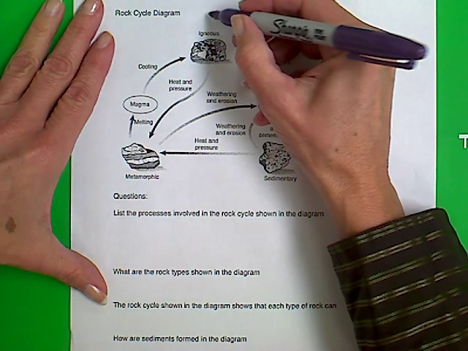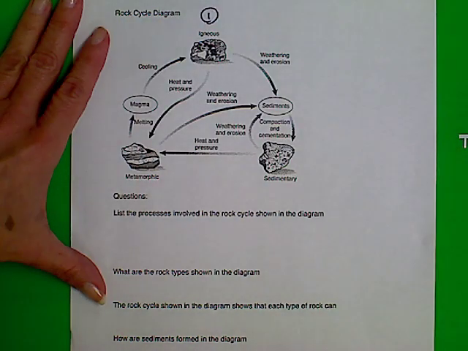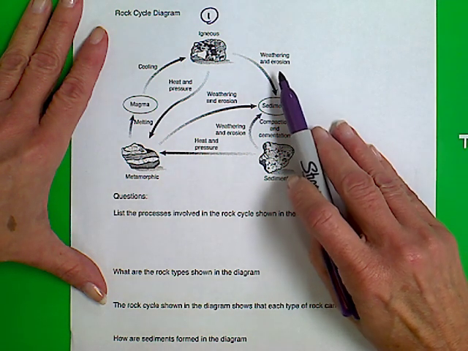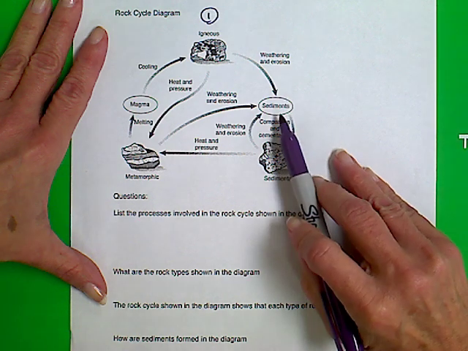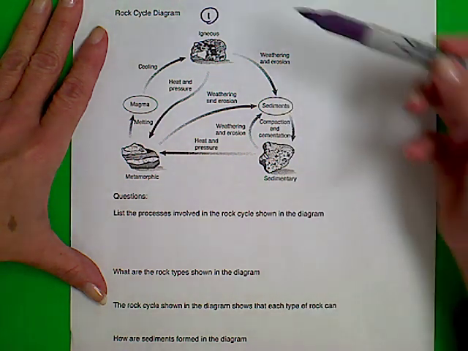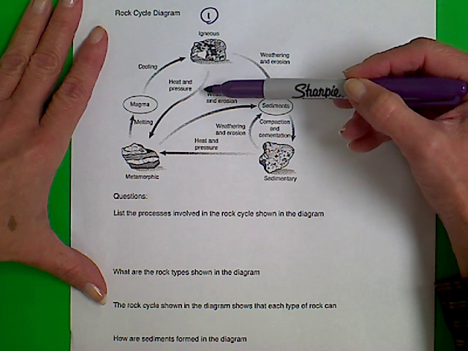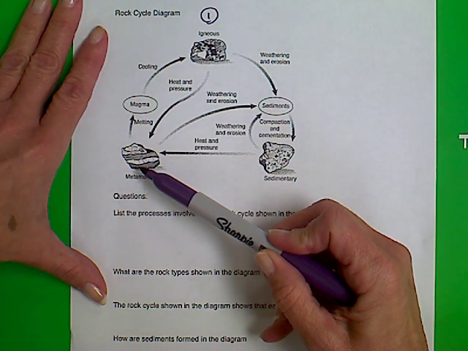We're going to start here at igneous, and we're going to trace our way through our diagram. With igneous rock, what can happen is I can get weathering and erosion, and that will cause it to become sedimentary rock. Also, I can start off here at igneous and make it undergo heat and pressure, and it can become a metamorphic rock because of that.